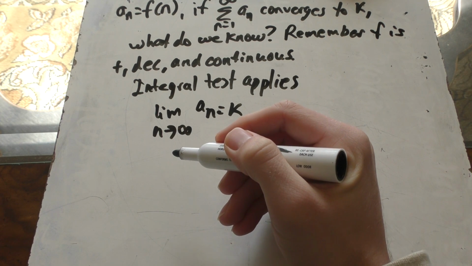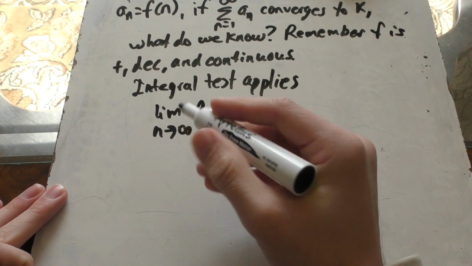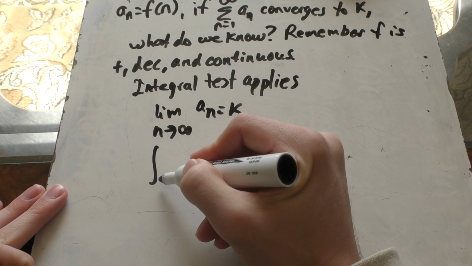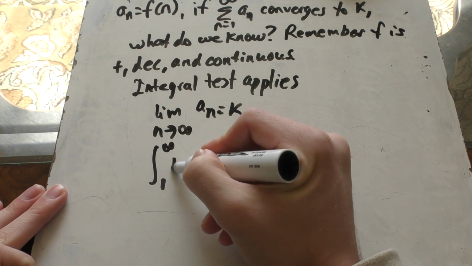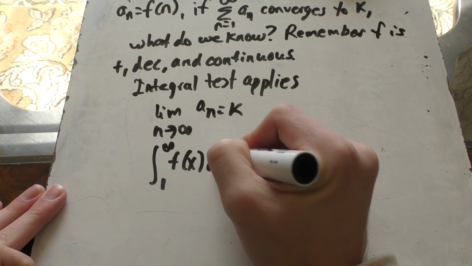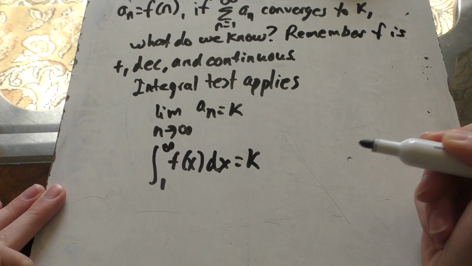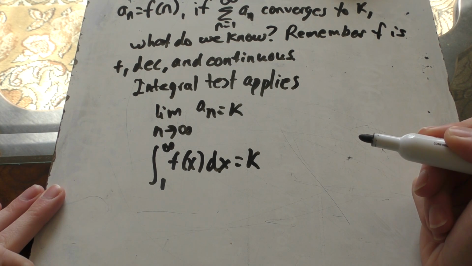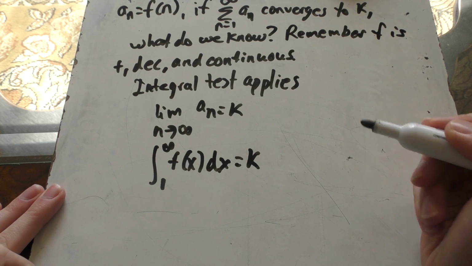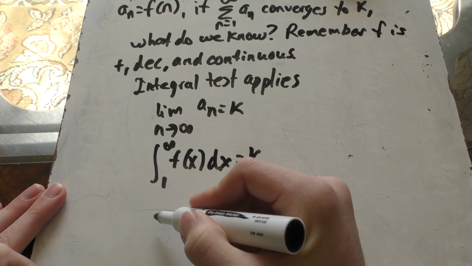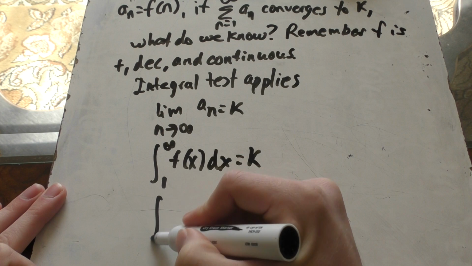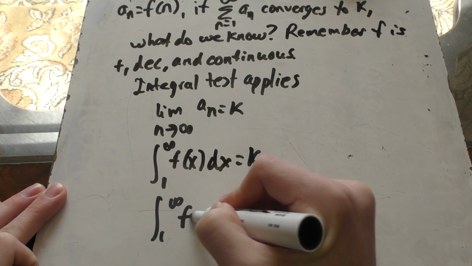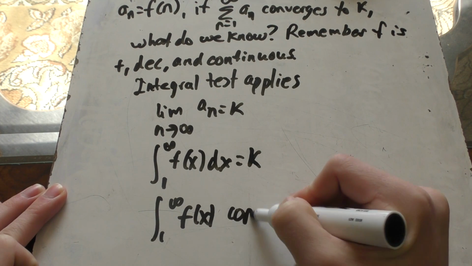Or there's another group of people who felt that the integral from 1 to infinity of f of x dx equals k. And there's a group of people who felt that the integral from 1 to infinity of f of x converges is what we know.